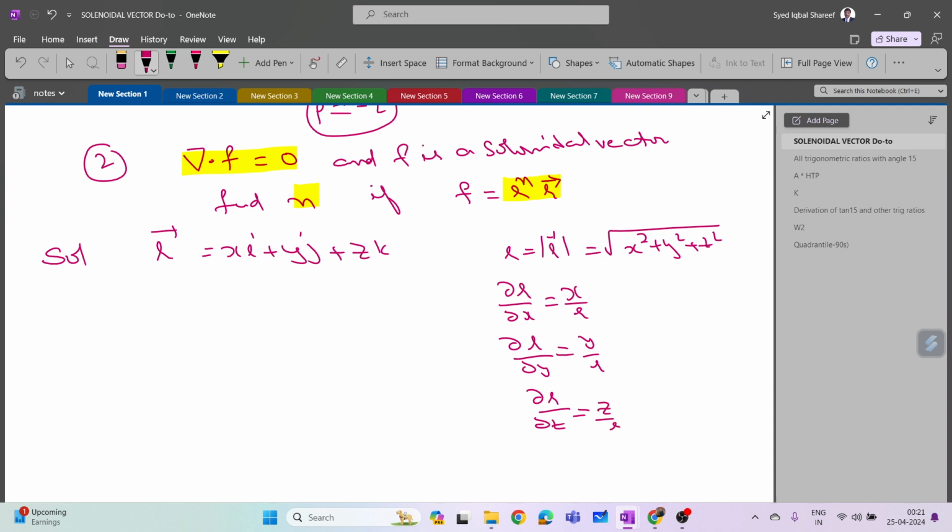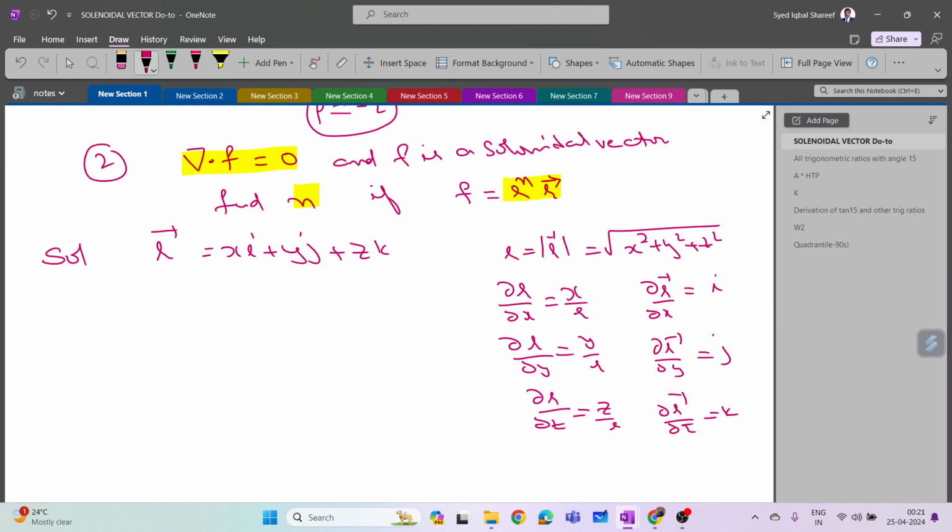And for vector r, dou r by dou x is i, dou r by dou y is j, dou r by dou z is k.